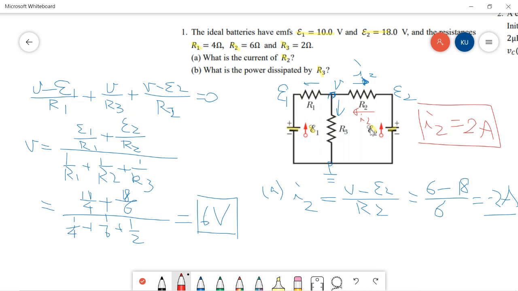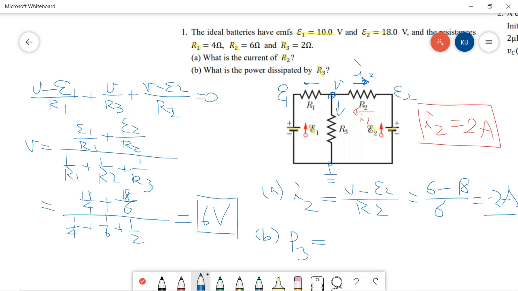So for part B, it is simple too. We need to calculate the power dissipation by R3. So the power dissipation of R3, we may denote it as P3. Actually, for a resistance, there are 3 ways to calculate the power dissipation.